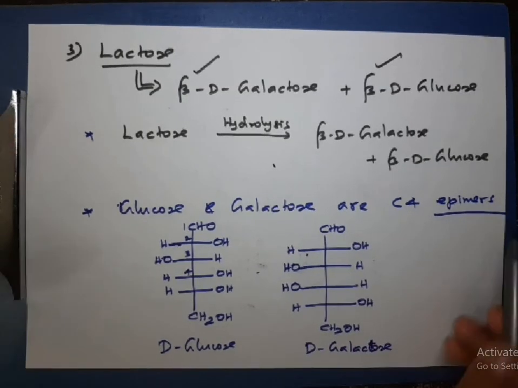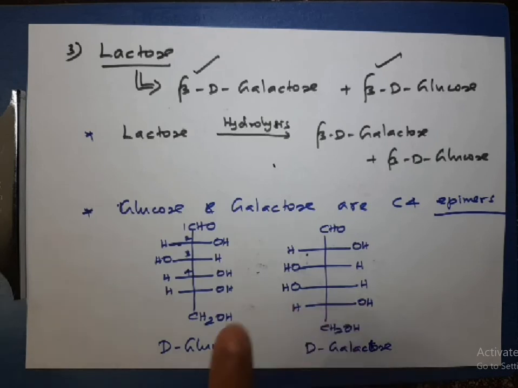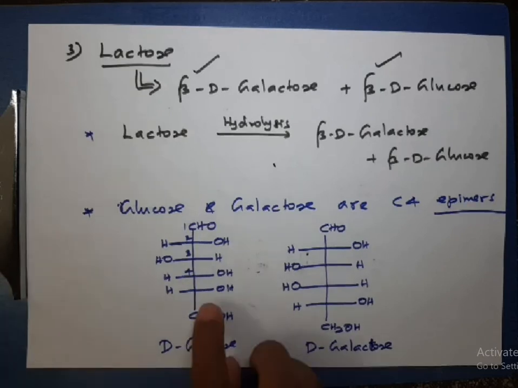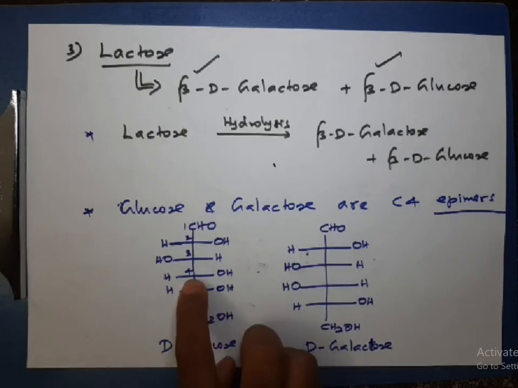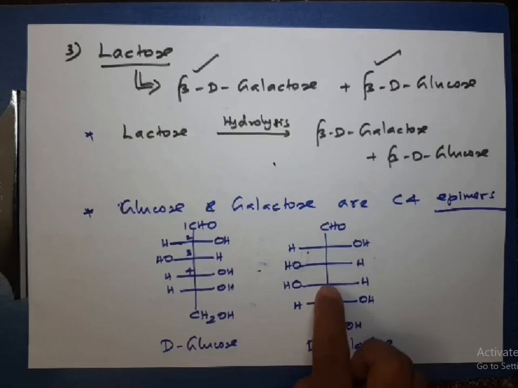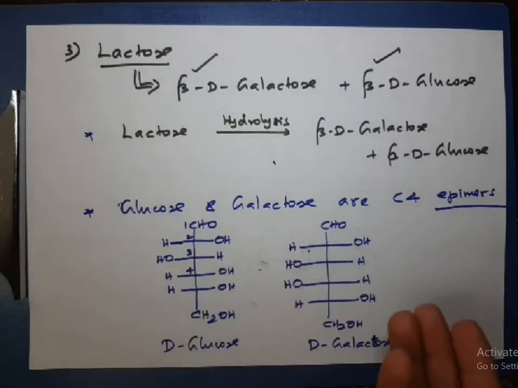What are epimers? Epimers are basically isomers. The two isomers differ only in one chiral carbon. See, this fourth carbon is a chiral carbon, and here also the fourth carbon is a chiral carbon. What is the difference?